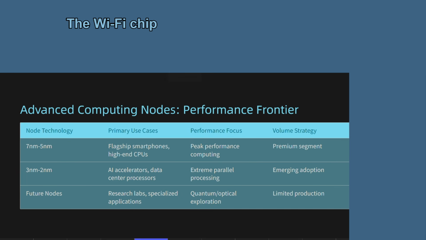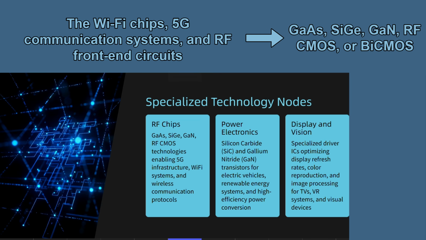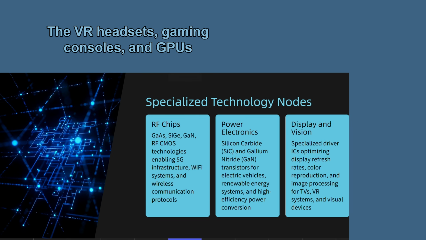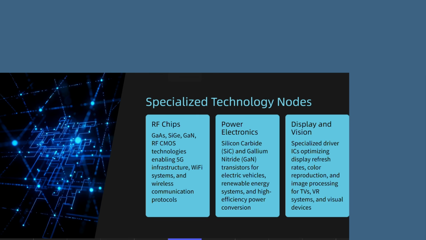The Wi-Fi chips, 5G communication systems, and RF front-end circuits use technologies like gallium arsenide, silicon germanium, gallium nitride, RF CMOS, or BiCMOS, because high-frequency operation matters more than the transistor count. The VR headsets, gaming consoles, and GPUs rely on advanced nodes to process massive amounts of graphics data while keeping power manageable.